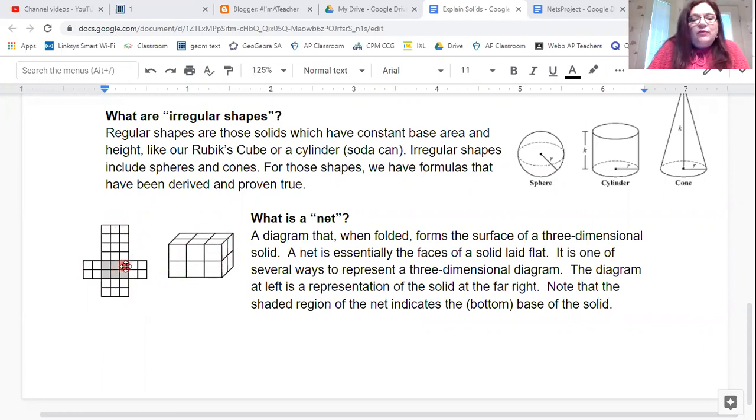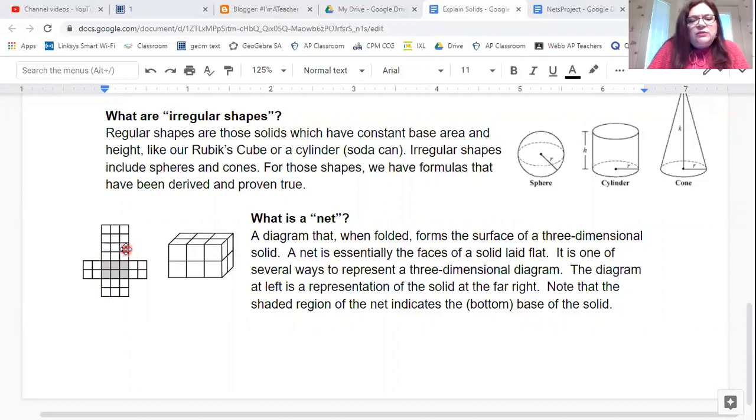So you can see if we use these darker colored squares as the base, then we would fold up this little 2x2. We'd fold up this little 2x2. This one would fold up, it has to be 3 across to match this base, but when we fold it up, it's just 2 units. This one has to be 3 across.